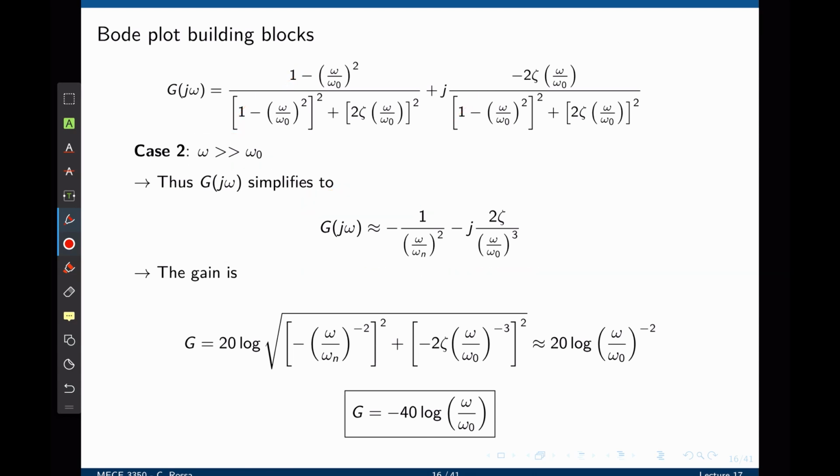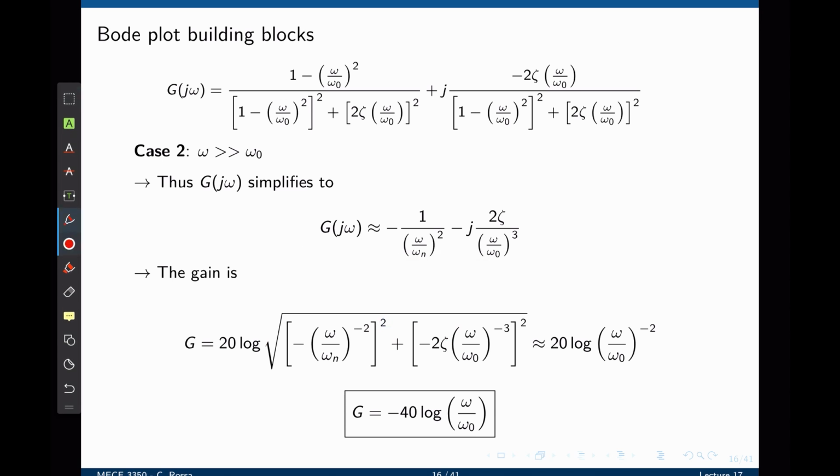What is the gain of this transfer function in decibels? Well, that is simply 20 log of the square root of the real part squared plus the imaginary part squared. This is what we see here. We can notice that the second term in this expression, this one, is to the power of negative 6, whereas this term is to the power of negative 4. Thus this term can be neglected compared to the first one. And if that is the case, now we can simplify the square with the square root.